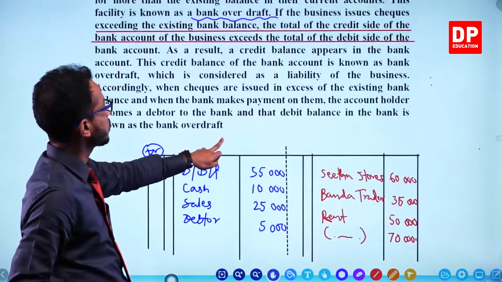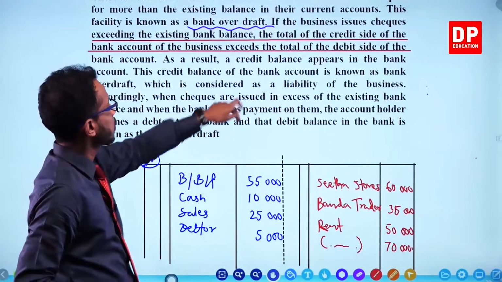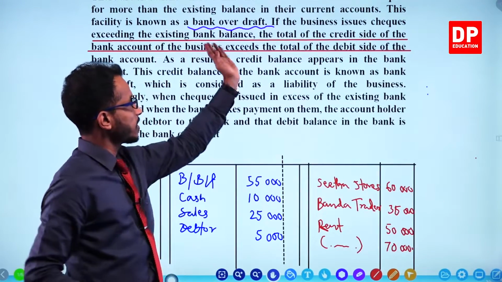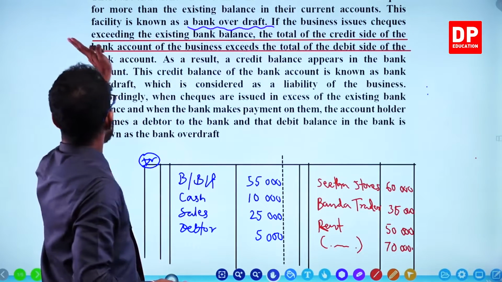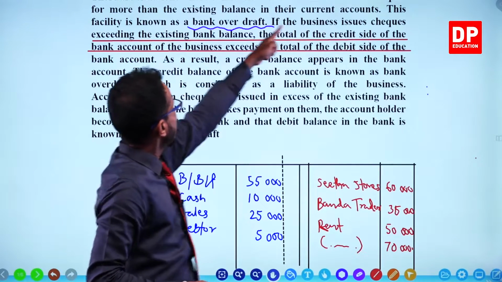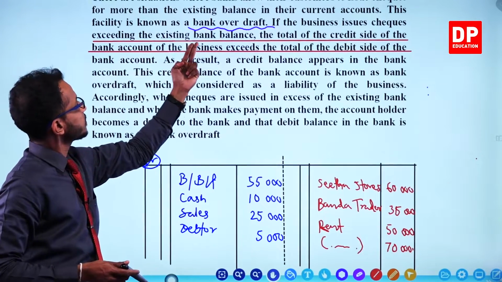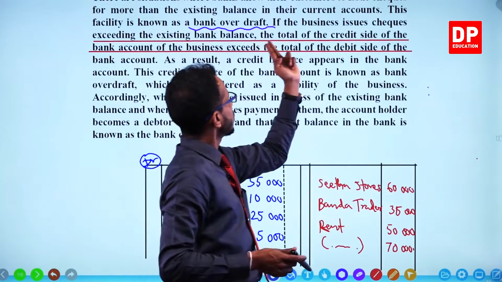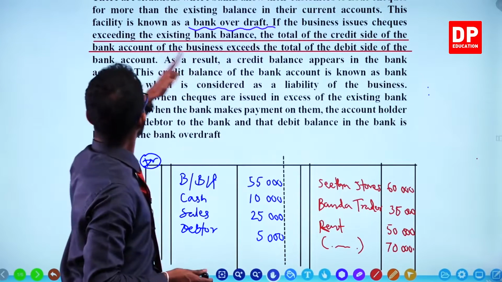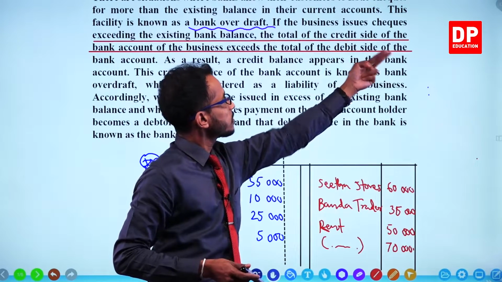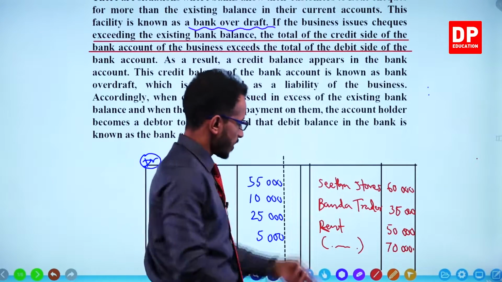This is the kind of situation that they have tried to explain here in the text. Okay. If the business issues checks exceeding the existing bank balance, the total of the credit side of the bank account will exceed the total of the debit side. Total of the credit side, right?